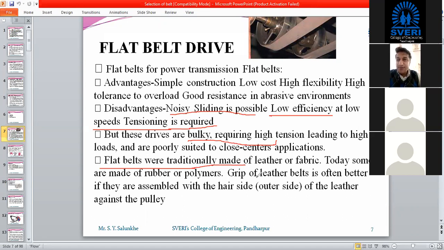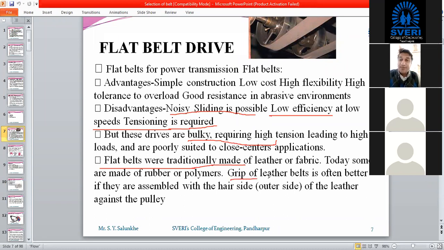They are manufactured from fibers, and later covered with some rubber material. Nowadays we do not use leather, this costly material, for manufacturing belts. Mostly we use rubber with reinforcement, so fibers are reinforced with rubber and belts are manufactured.